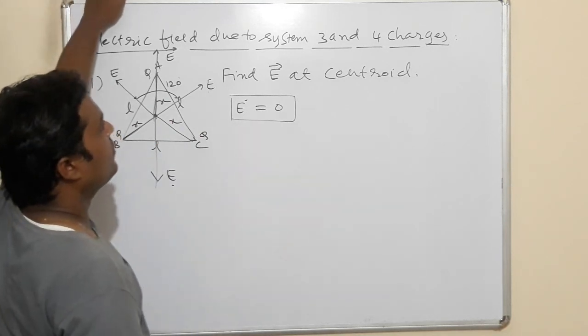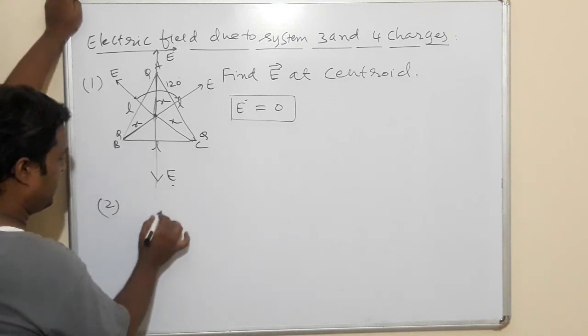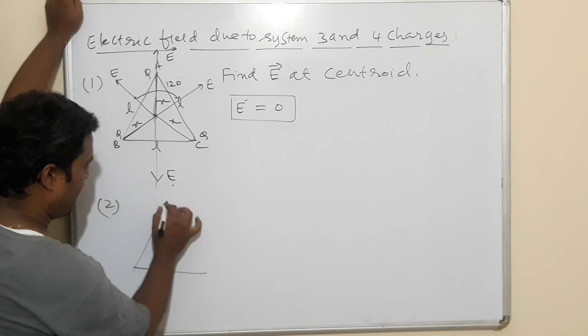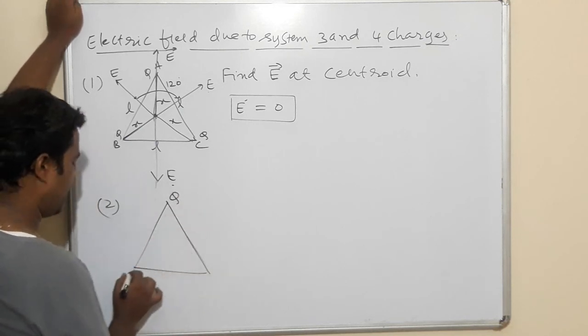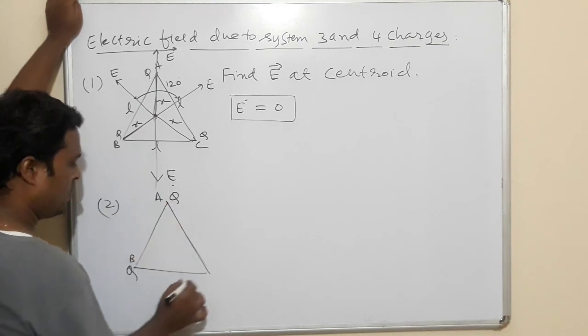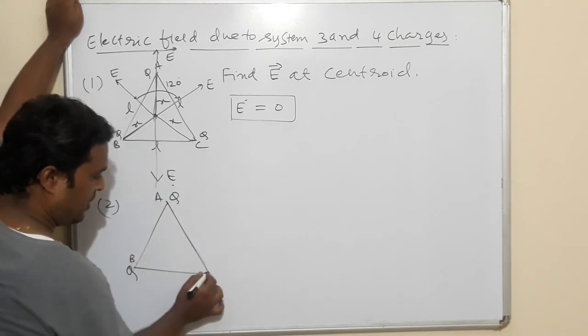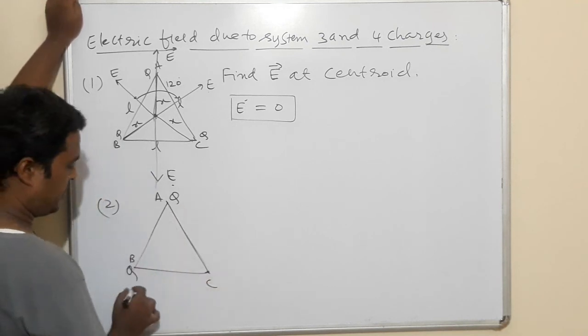Okay. Then you can do one more example. See, instead of placing charges at all the three corners, what I have done is, I have placed a charge here and I have placed a charge here. Then I told you, calculate the net field at this point C due to these two charges.